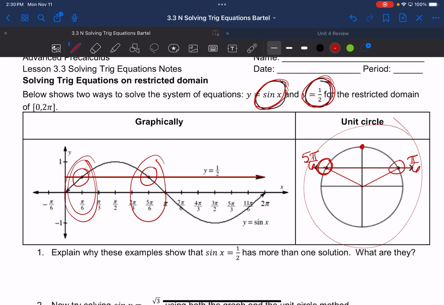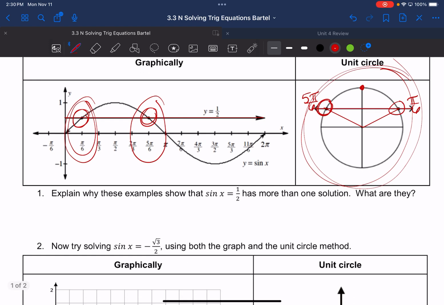We only memorized at 0, pi halves, pi, 3 pi halves, and 2 pi, right? So you may not remember, if I just give you the picture, where that falls. So here we have this memorized, or at least we can use that little hand trick to help us figure out where things fall. Here, we're not necessarily going to have points like this memorized, okay? So let's keep that in mind.